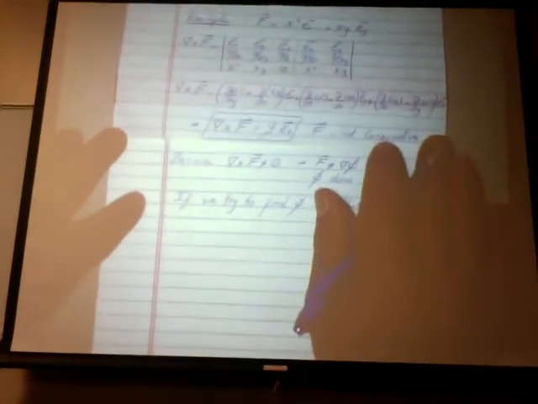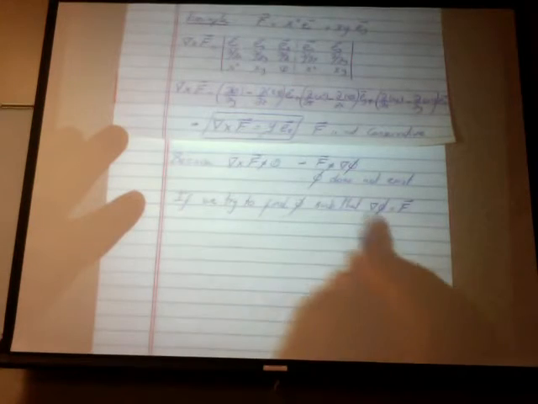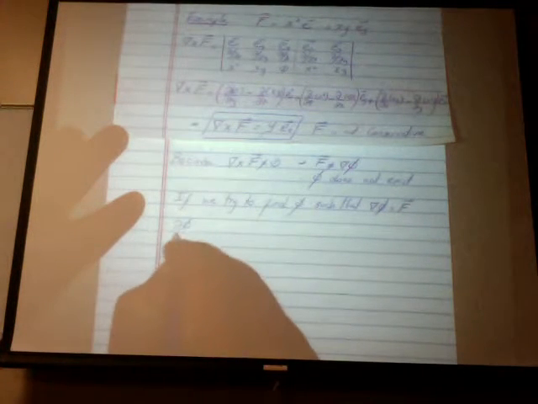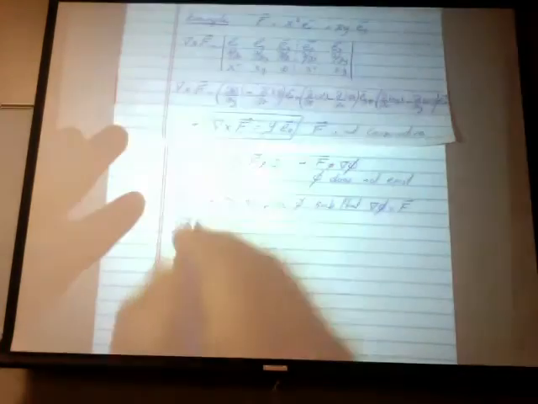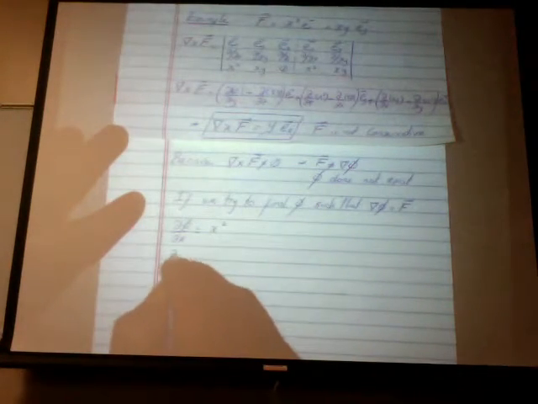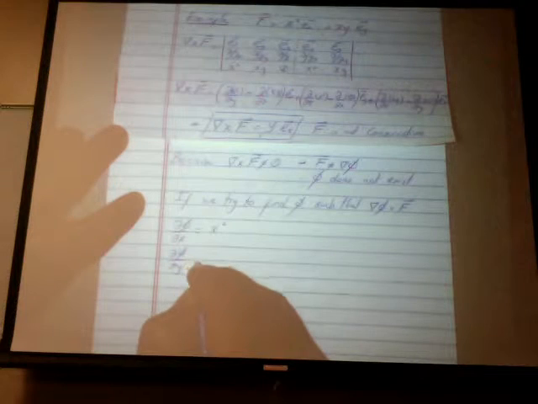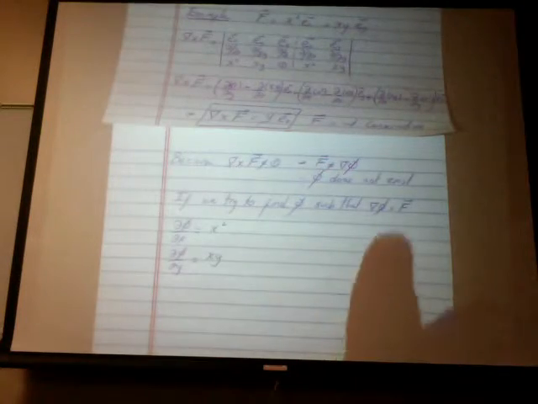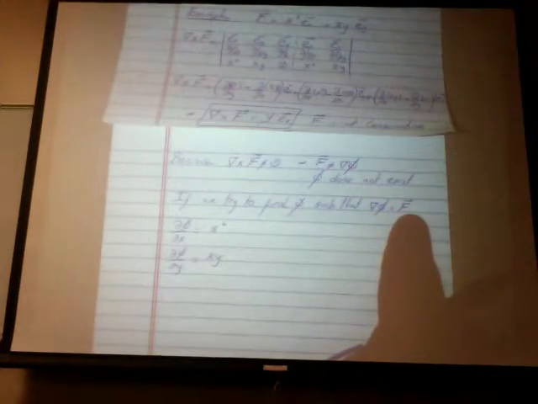Okay, so what is F? It's right here. So if the grad of phi is equal to F, then the partial of phi with respect to x is going to be equal to x squared, while the partial of phi with respect to y is going to be equal to xy. Right? This is the gradient of phi and should be matching F.